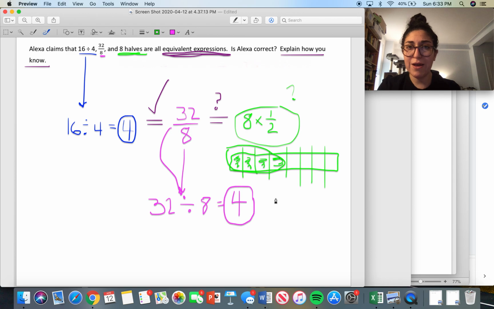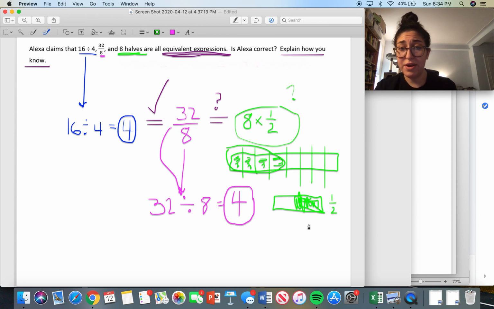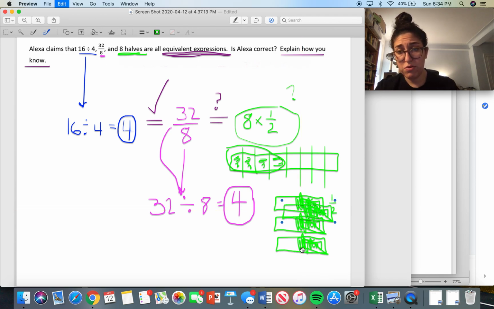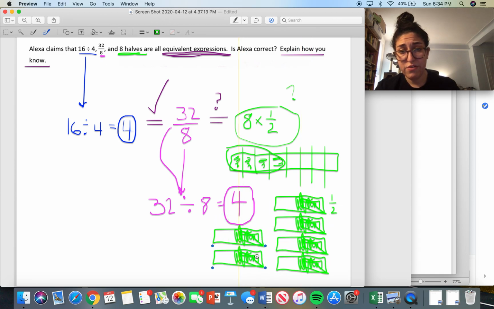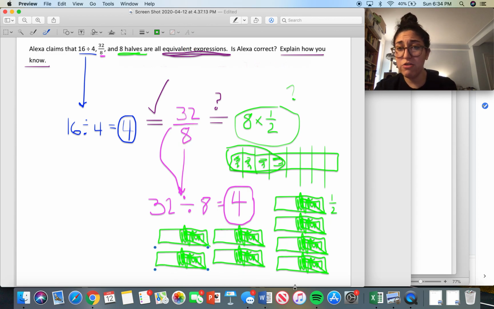Another way to think about that is if I take a half, here's 1 half, and I have 8 groups of 1 half. 1, 2, 3, 4, 5, 6, 7, 8. So now I have 8 groups of 1 half.